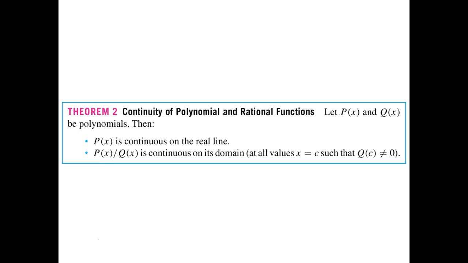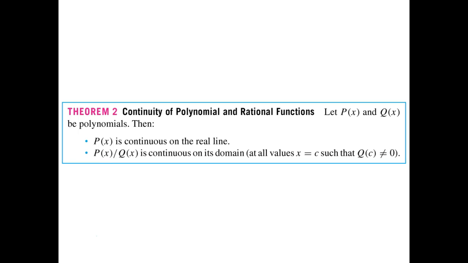So if you're dividing two, guess what the two functions are going to be? Polynomial functions. So P of x and Q of x are both polynomial functions. Then the ratio of those polynomial functions, P of x divided by Q of x, is also continuous on its domain.